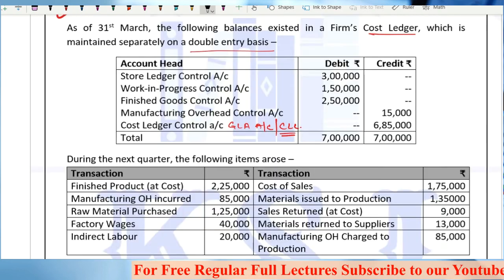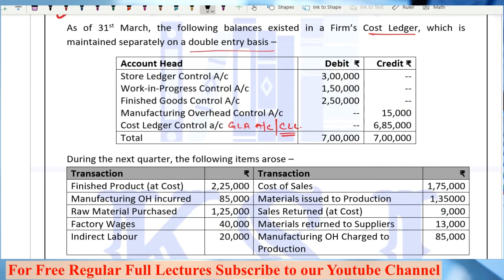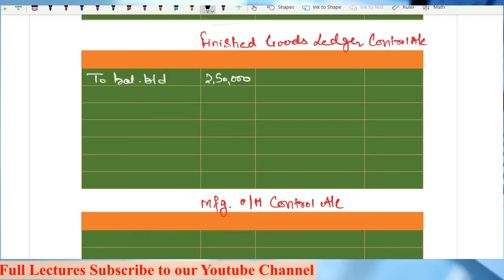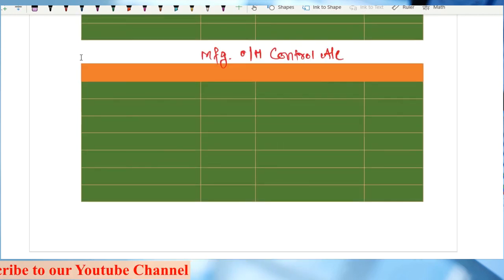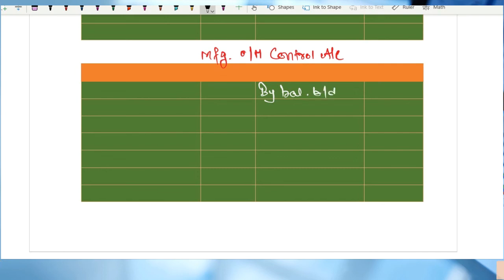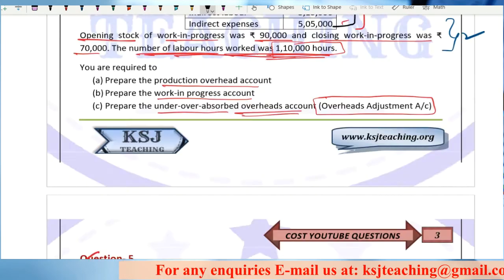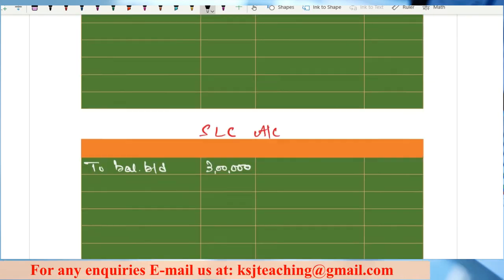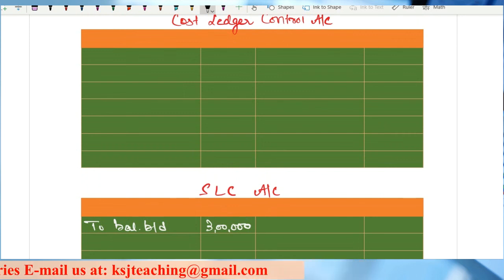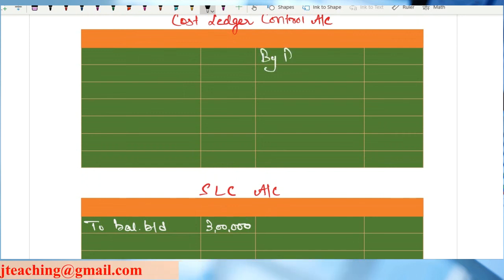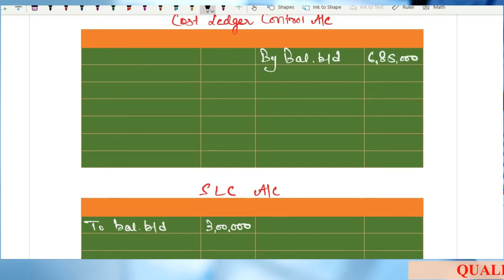Then manufacturing overheads 15,000, by balance brought down 15,000. Last is the CLC account 6,85,000. I have written it at the top, 6,85,000 by balance brought down. Clear?